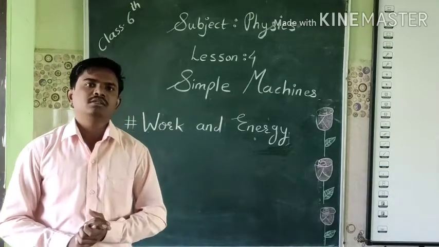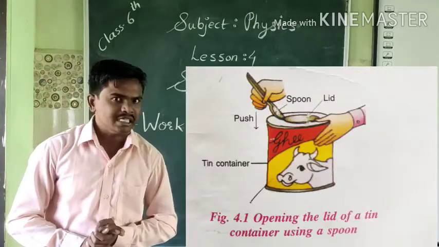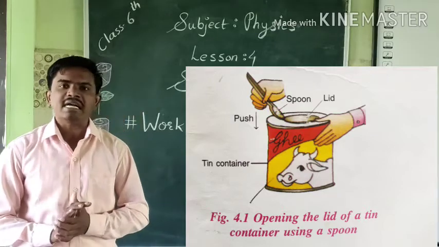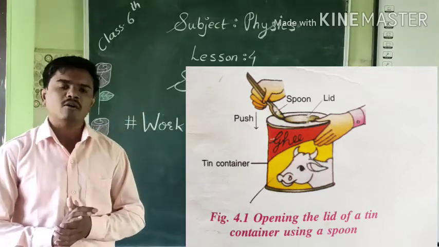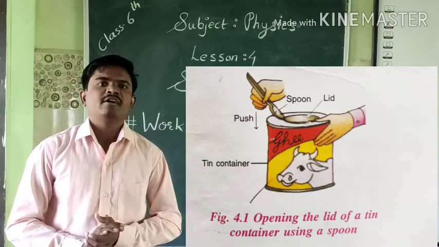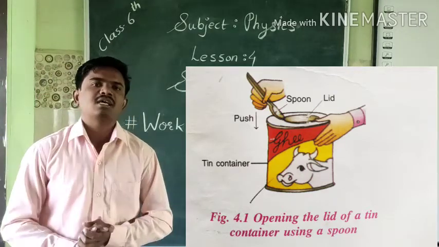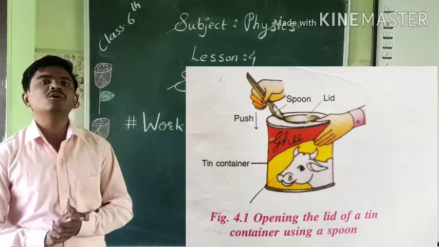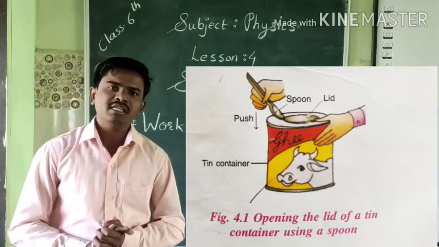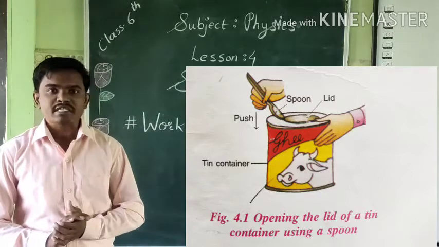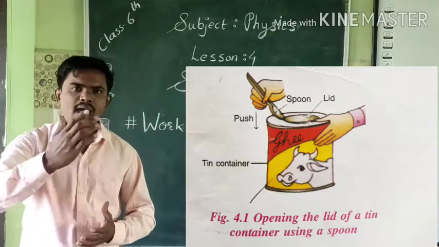For example, suppose the lid of a tin container is tightly closed and we want to open it with our fingers and it does not open. Then we use a spoon.